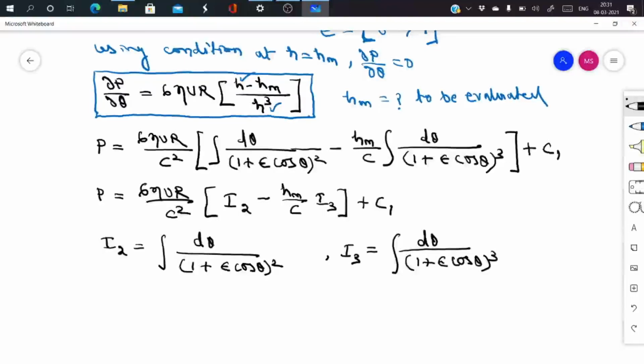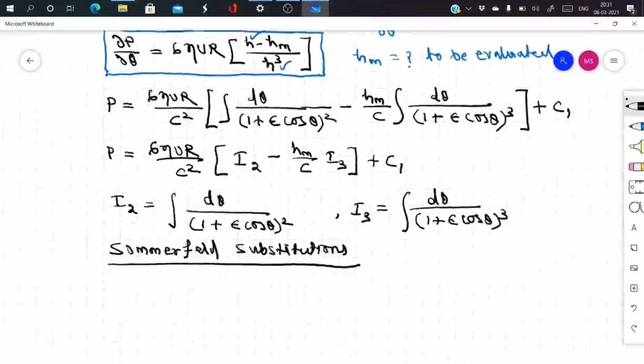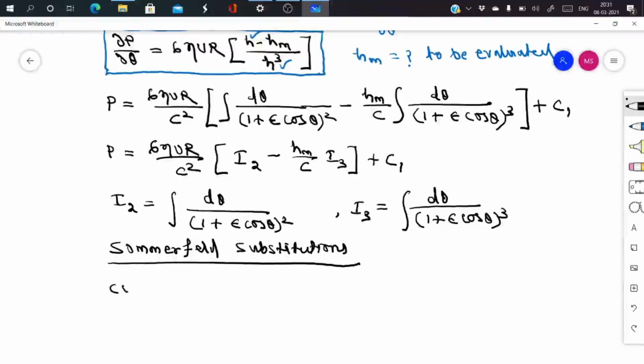This is done by Sommerfeld, so we call it Sommerfeld substitution. What he did, he took this substitution: cos of gamma equal to epsilon plus cos theta divided by 1 plus epsilon cos theta.